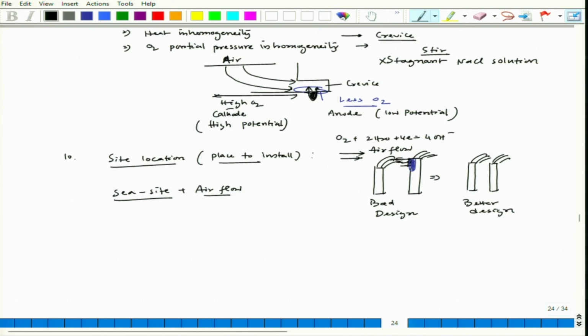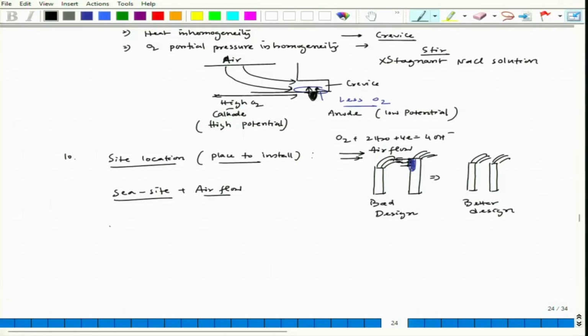That means, when a sea site is there, and if it is a strong airflow, then the airflow can actually take some of the small seawater droplets along with it, and that can deposit onto those materials.